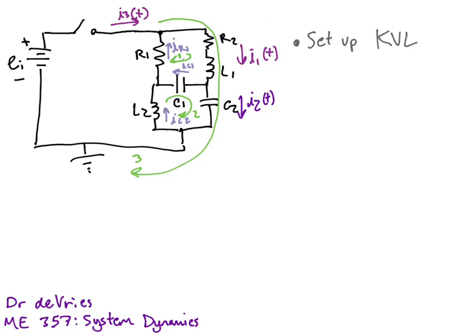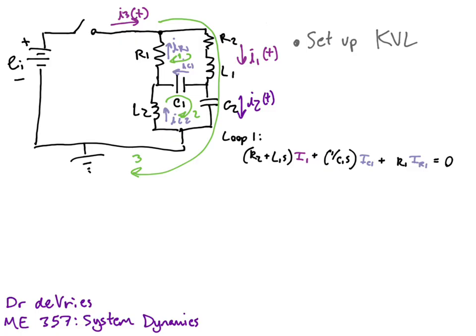Now we want to set up our voltage loops. For loop 1, we have the impedance of that first loop, R2 plus L1S, multiplied by that first current. Then we have the second impedance, 1 over C1S, times the current, and we could also say plus R1 times IR1 for that last one.